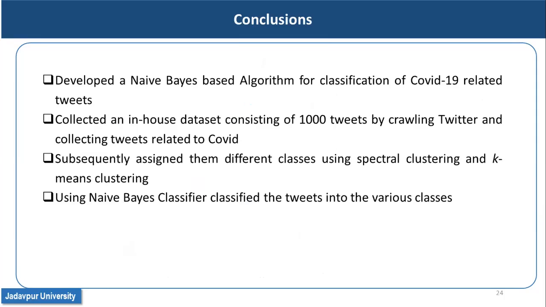There were two datasets, one of 10,000 tweets and one of 1,000 tweets, and we subsequently assigned them different classes using spectral clustering and k-means clustering and also some hand labeling. First the labeling was done using these clustering methods, and then the naive Bayes classifier classified the tweets into various classes.